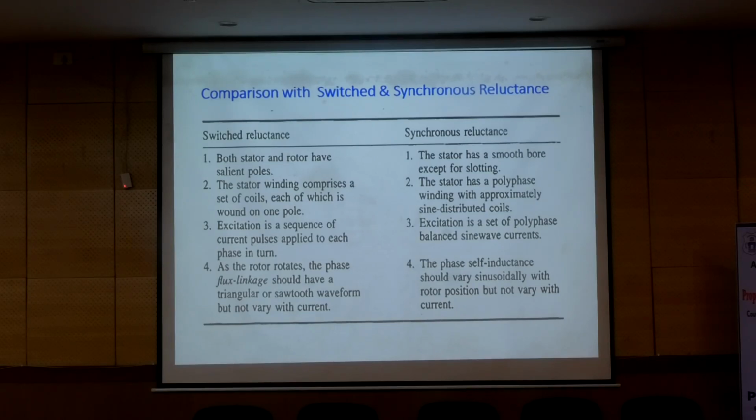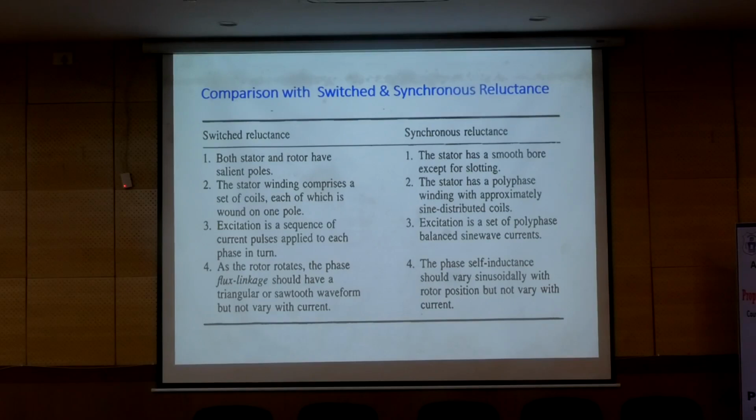The third point is that excitation is a sequence of current pulses applied to each phase in turn, whereas in the synchronous reluctance machine the excitation is a set of polyphase balanced sinusoidal currents. Here it is not sinusoidal currents in the switched reluctance machine. The other difference is that as the rotor rotates, the phase flux linkage should have a triangle or sawtooth waveform but not vary with the current.